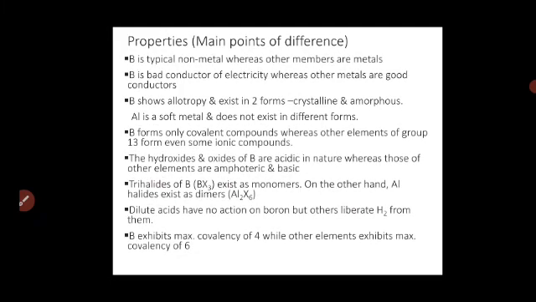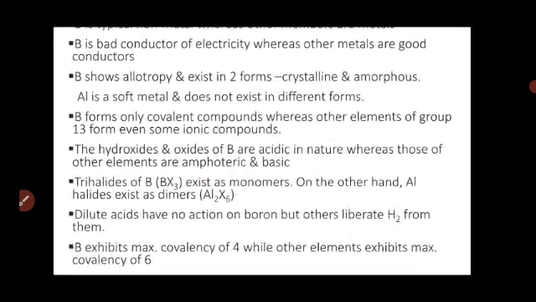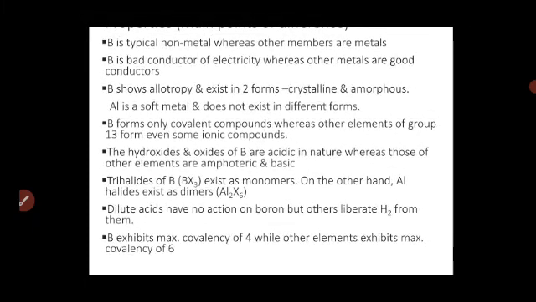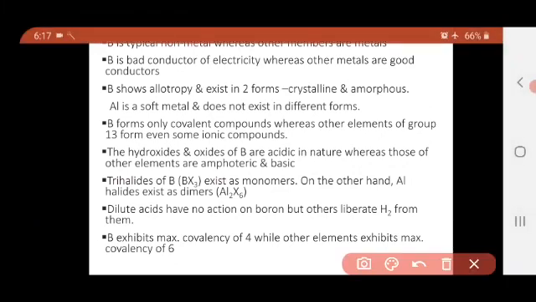And the last but not least, very important property of boron is that boron exhibits maximum covalency of 4, while other elements exhibit maximum covalency of 6. And this we have seen in the formation of compounds like [B(OH)4]-.